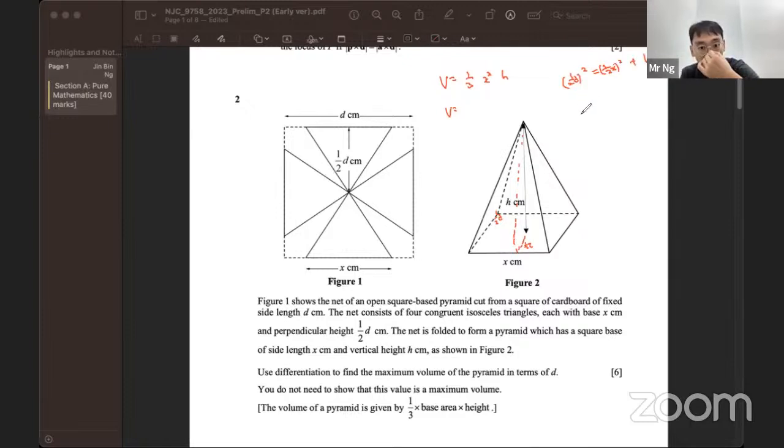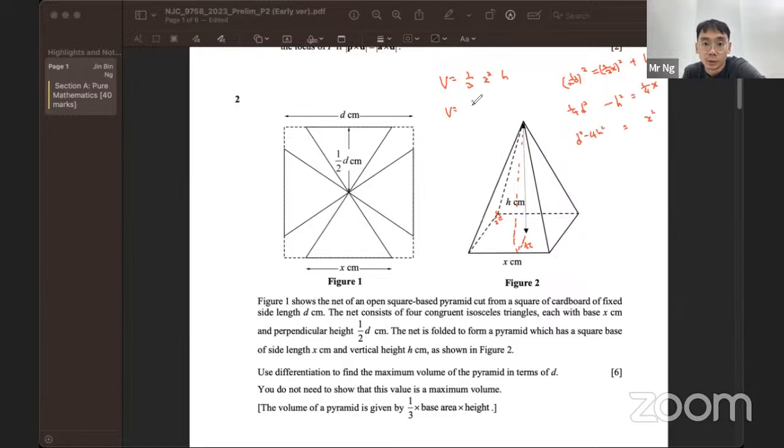Should we make x squared or h the subject? Okay, I will make x squared the subject. So 1/4 d squared minus h squared equals 1/4 x squared. So x squared equals d squared minus 4h squared.